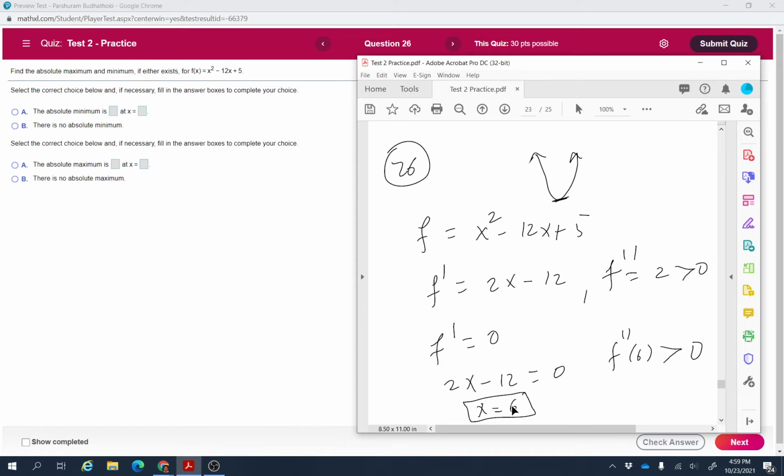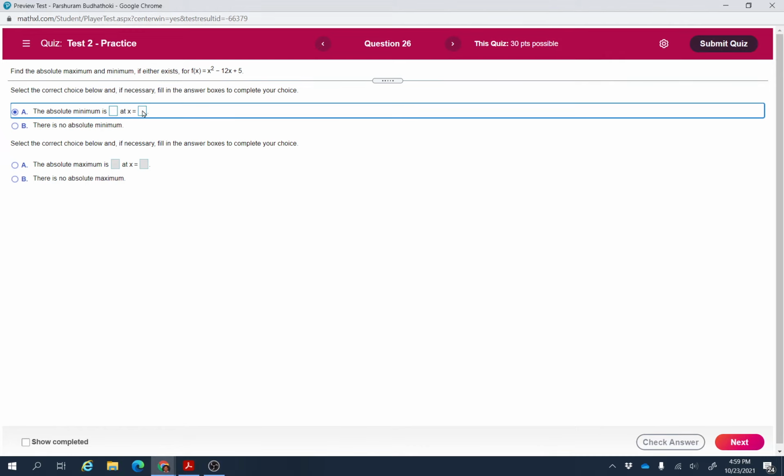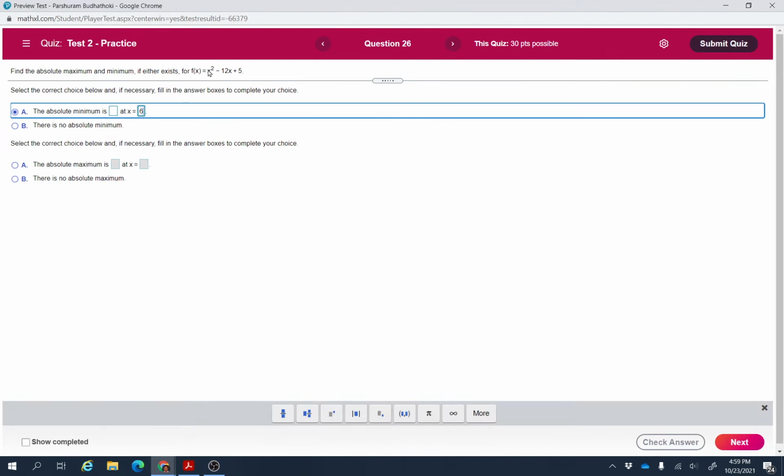Because the local minimum and the absolute minimum for this parabola are the same, at 6 you are going to get the absolute minimum. The value of the function at 6: just plug x equal to 6 here.